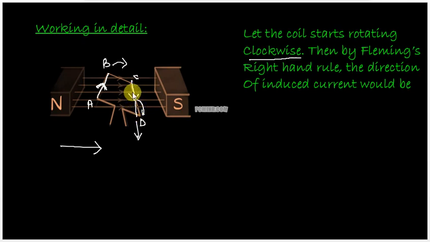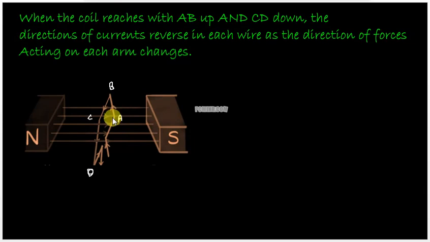But the moment our coil rotates by 90 degrees and reaches the vertical position like this, we see that the arm AB has moved up, and because it has to go down to complete the rotation, the force will be acting in the downward direction, and now the current in the coil will become towards this direction.